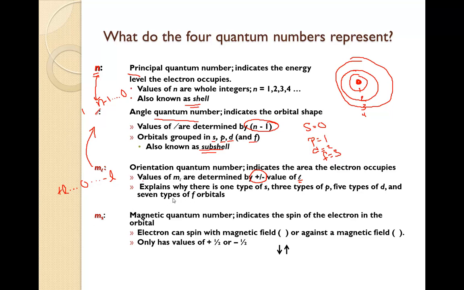It explains why there are 1 type of S, 3 types of P, 5 types of D, and 7 types of F orbitals. The magnetic spin quantum number, which is the final one, indicates the spin of the electron in the orbital. Electrons can spin with a magnetic field or against a magnetic field. And it's a value of plus 1/2 or negative 1/2. And it's indicated by an arrow.